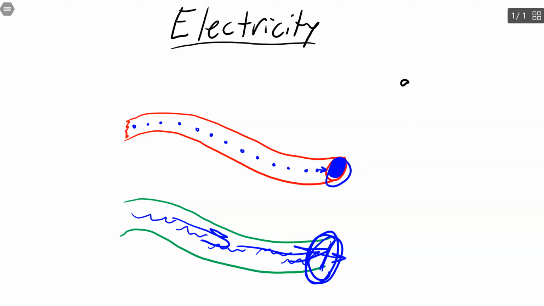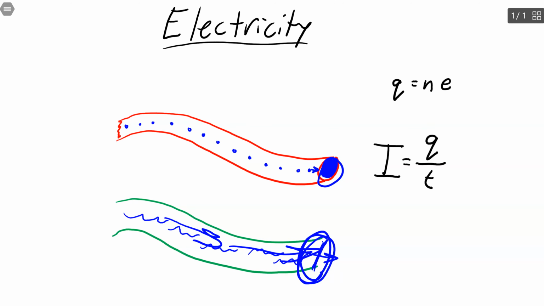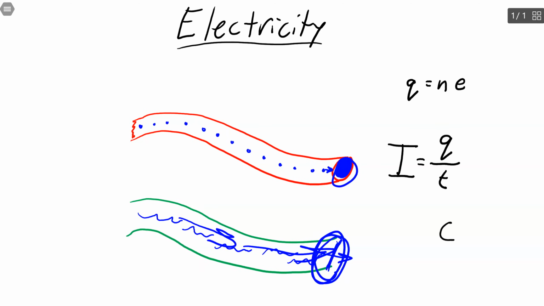You'll remember charge is equal to the number of electrons times the charge for each electron, Q equals NE. So how much charge passes through the point in a certain amount of time? That will tell you what the current is. We're going to use a capital I for current because a capital C was already taken for Coulomb.